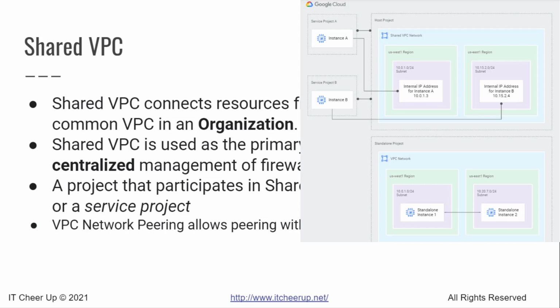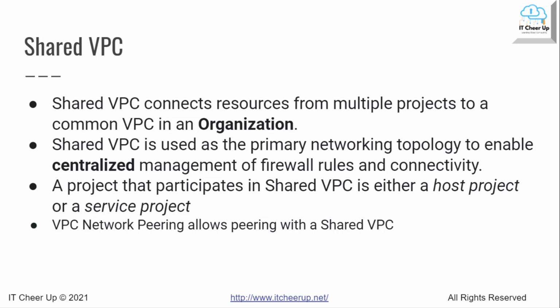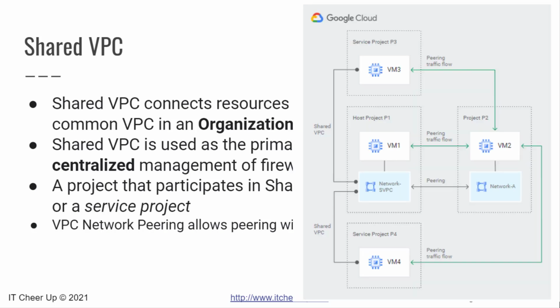A project that participates in a shared VPC is either a host project or a service project. A VPC network peering allows peering with a shared VPC. So let's take a look at this example of VPC network peering with the shared VPC.